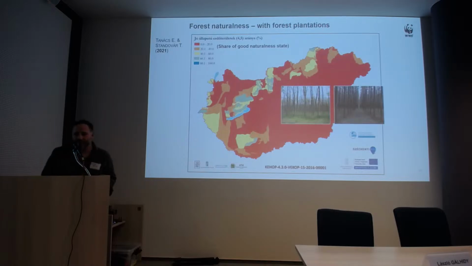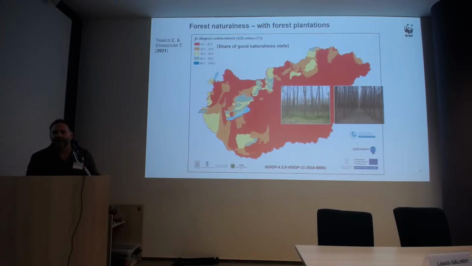Just to underline, this is for historical reasons. During the Middle Ages, most of the Carpathian Basin was used as grassland or, later on, arable land, and just very few patches of forest remained.